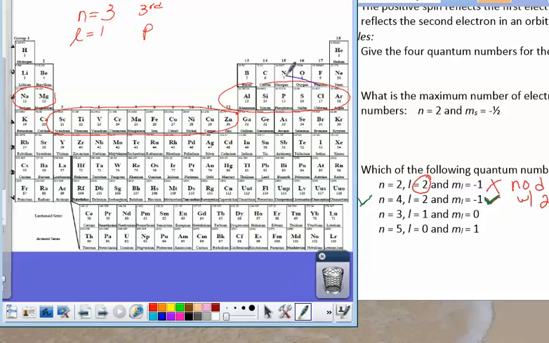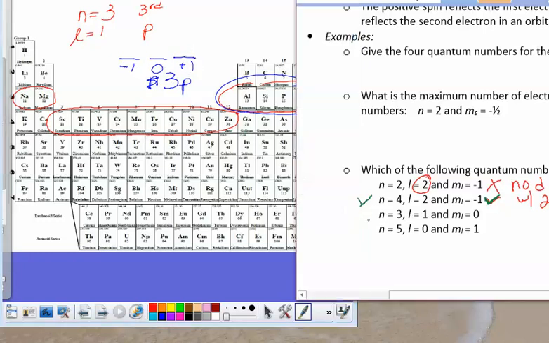So it's going to be over here. And then m sub L is equal to 0. So I have 3 possibilities here for my 3P. I would have -1, 0, and +1. So 0 is entirely possible. This one's also possible, so it gets a check mark. And the last one.